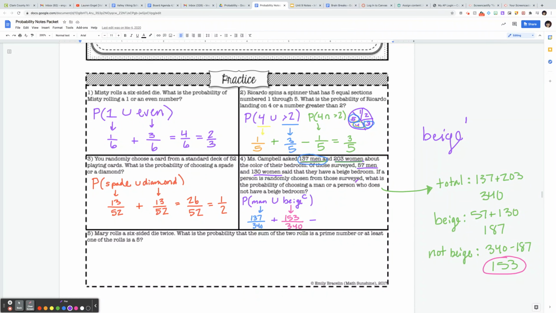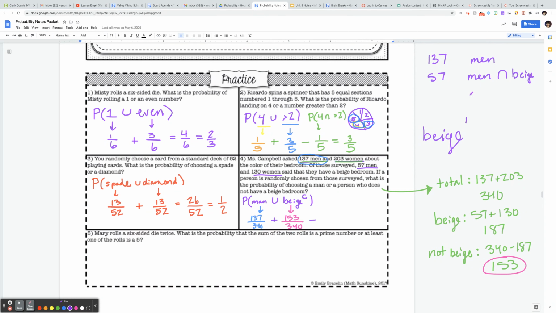That's the men who also don't have a beige bedroom, so that's the one other thing we have to go back and calculate. I have 137 men, and 57 of them are men with a beige bedroom.